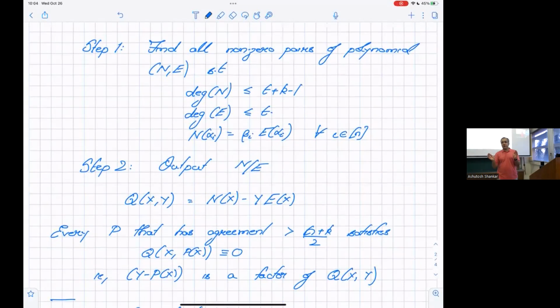Right now, there's only one factor, y minus p of x. Suppose there are L polynomials, P1, P2, up to PL. I want y minus P1 of x, y minus P2 of x, all the way up to y minus PL of x, all of them to be factors of Q of x, y.